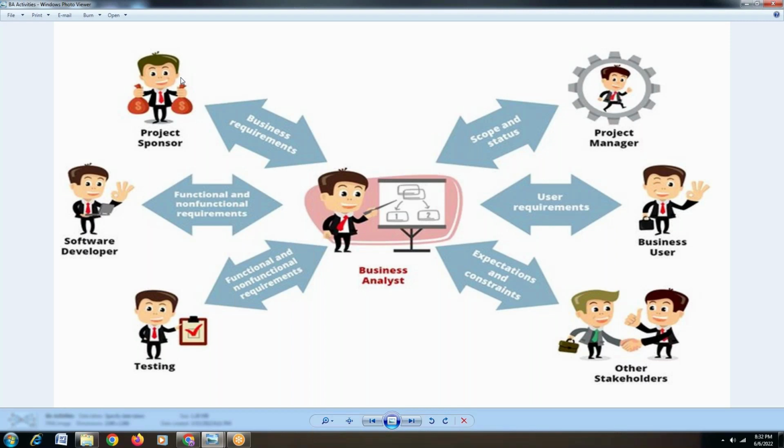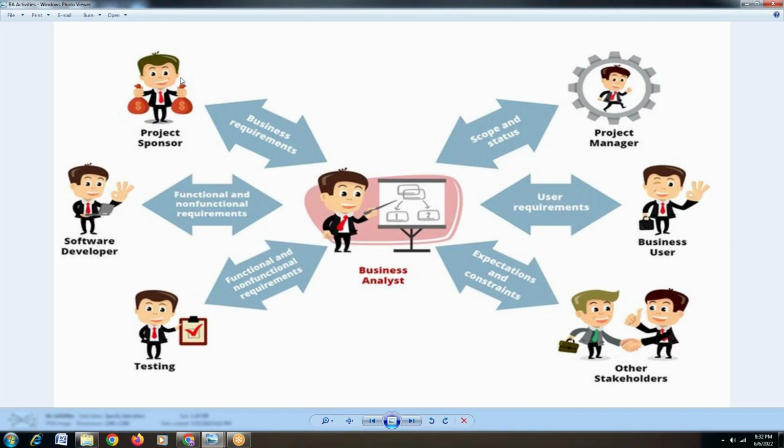So these are the activities which a BA usually does, because if you closely see, there are different stakeholders, external and internal. External stakeholders are people who support us from outside, like the project sponsor, other stakeholders, and business users.